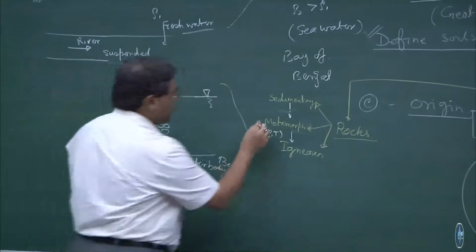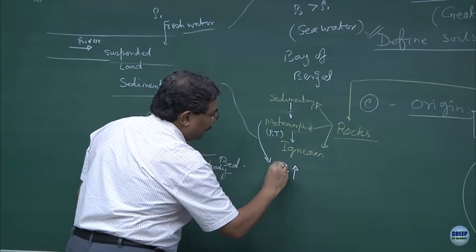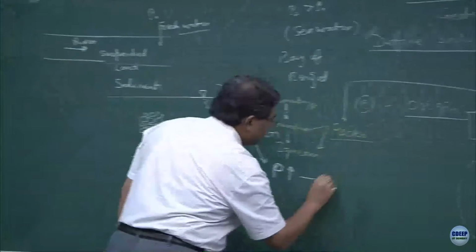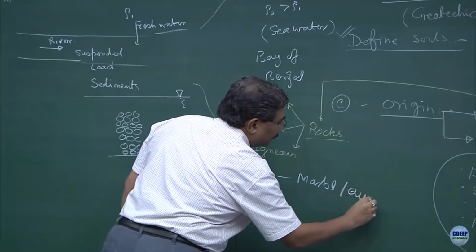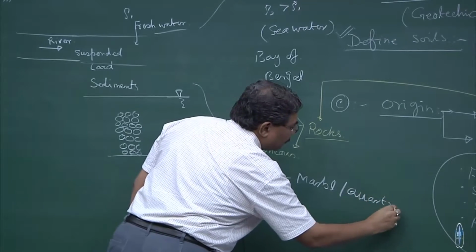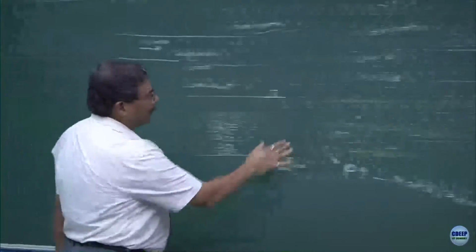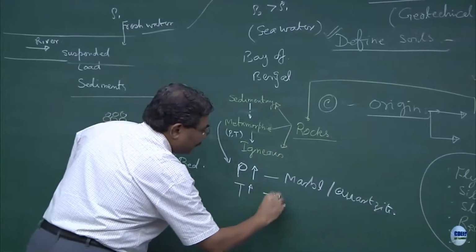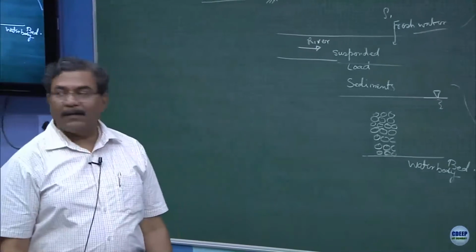Slate, see, if pressures are very high, I write normally like this: if pressures are very high, then you have marble and quartzite. And when temperatures are very high, what is going to happen? Shale and schist.